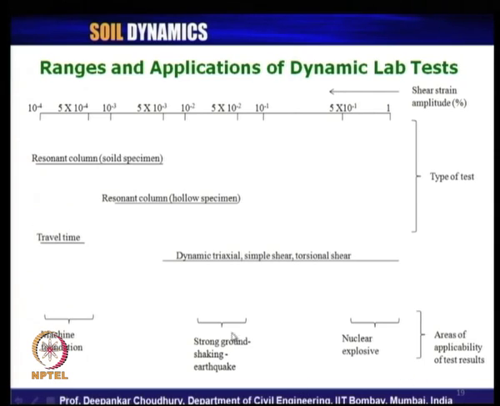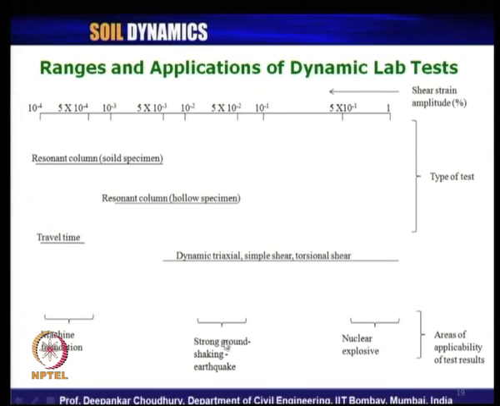Now, coming to the next type of dynamic load which we commonly use as a designer, the structures or soil which are subjected to ground shaking or earthquake loading. For earthquake loading, the typical range is given here, about 5 into 10 to the power minus 2 to about 5 into 10 to the power minus 3% of shear strain, that is a typical range I am telling.